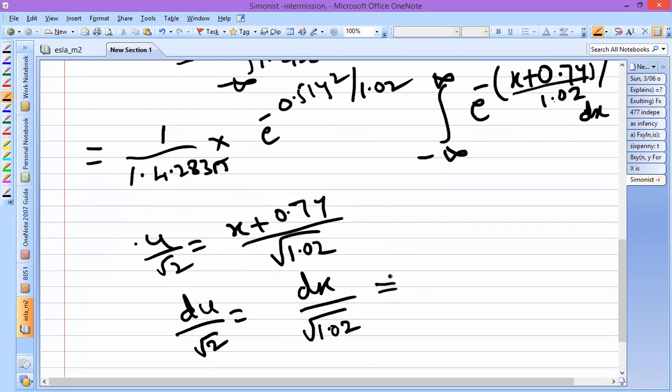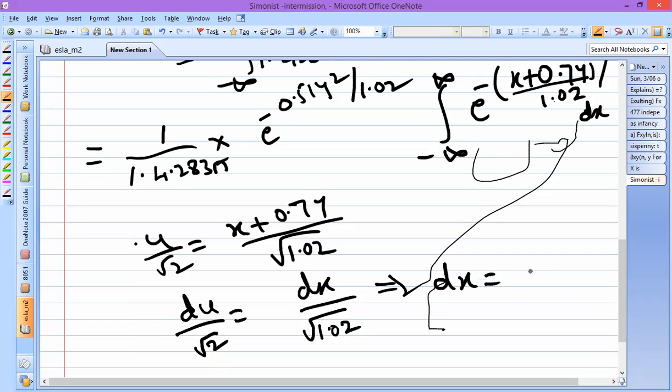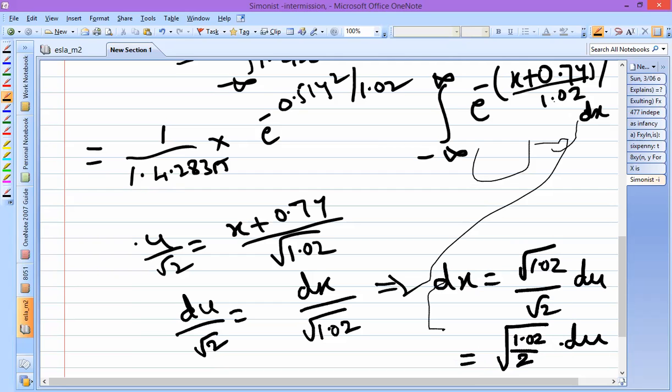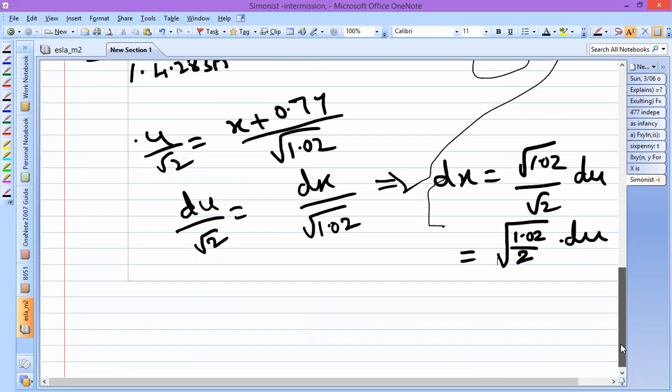Which implies that whenever you go for replacing the dx value, we can write dx as root of 1.02 by root 2 into du, or this is nothing but square root of 1.02 by 2 into du. So you need to make the correct substitution in the problem.